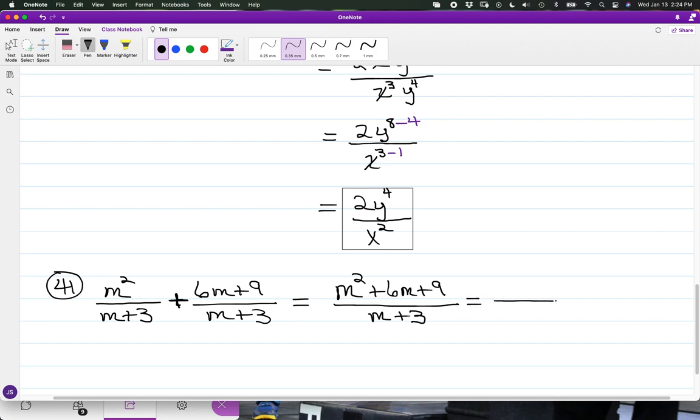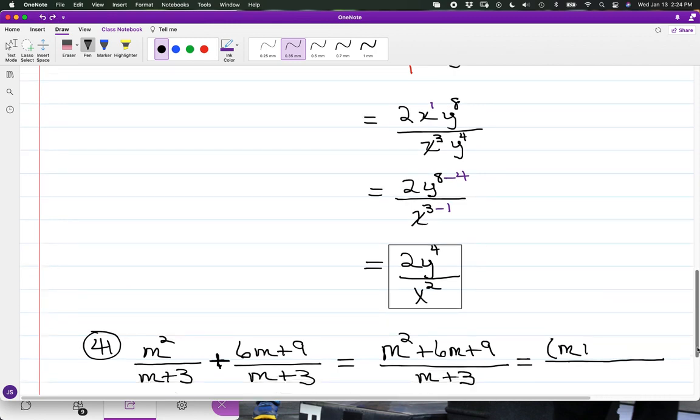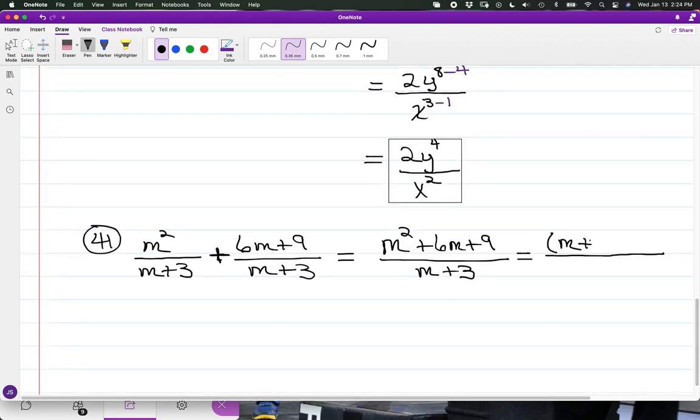And for m squared plus 6m plus 9, once again, we have a square trinomial. So this will factor to m plus 3 times itself, and we have all over m plus 3.